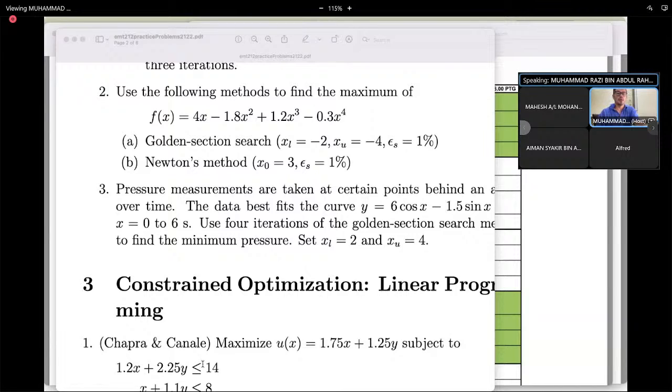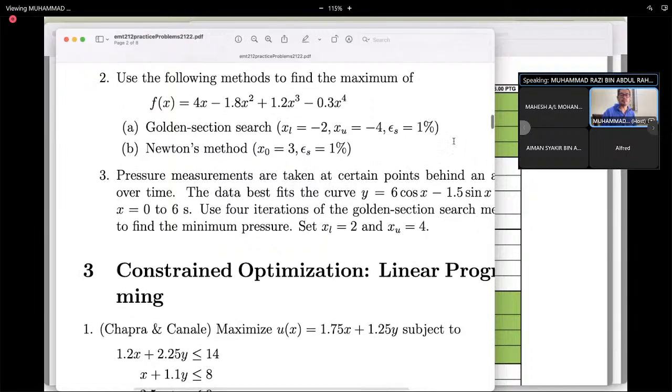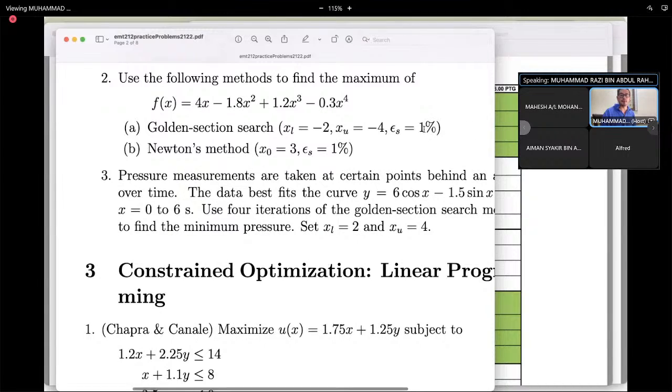Yeah, okay. So you can find the maximum. You can use fminbnd to find the maximum value also, not only minimum values. Then you can take the difference of the value that you get from this golden section method and find the relative error. That's what I meant here.